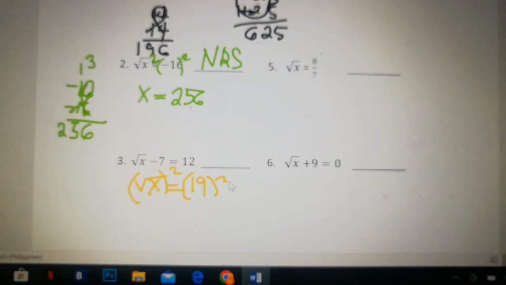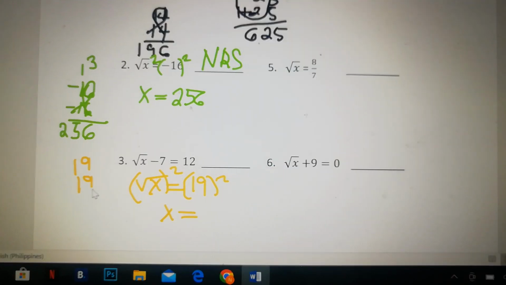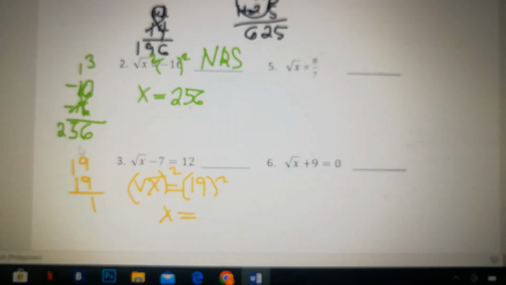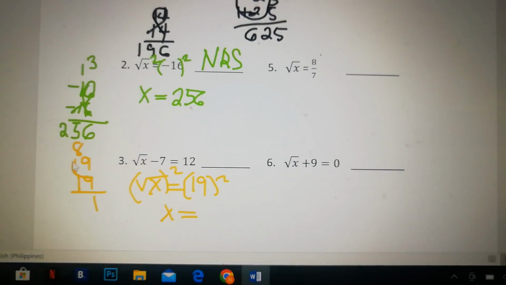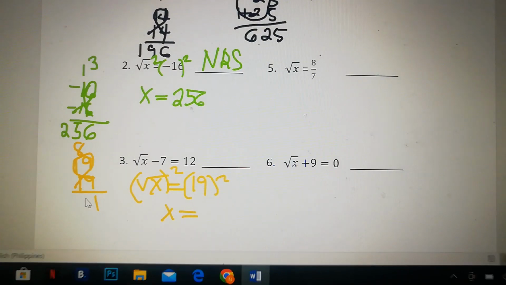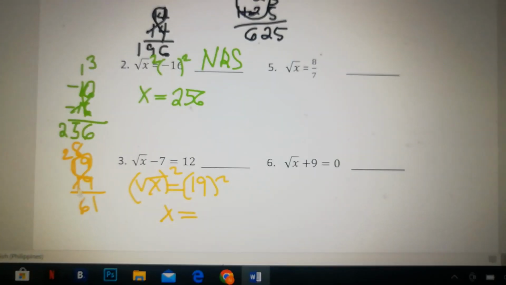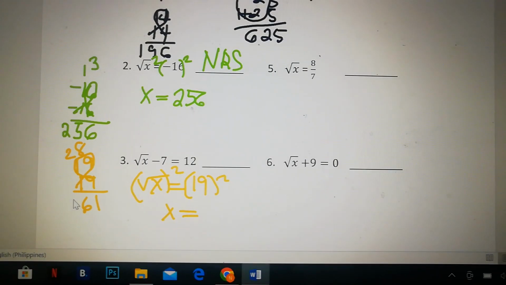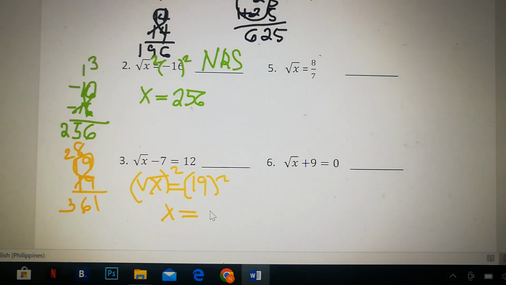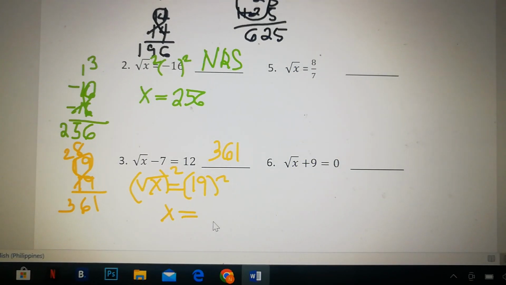So x is equal to 19 times 19. 19 times 19: 81, carry 8. 9 plus 9, 18 plus 8 equal to 26, carry 2. 1 times 1, 1 plus 2, 3. So 361.